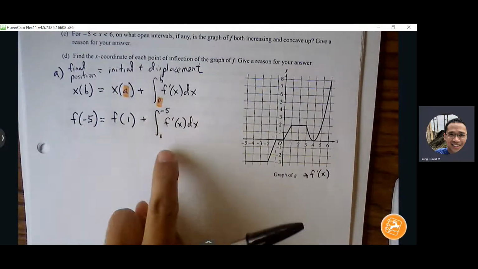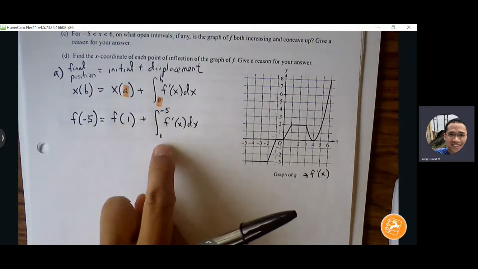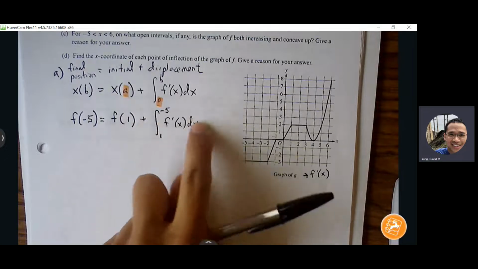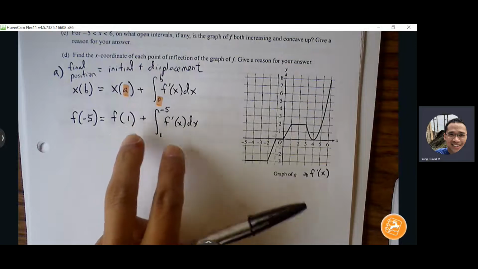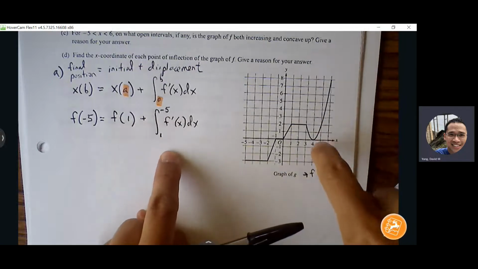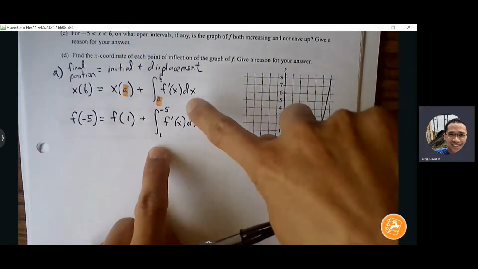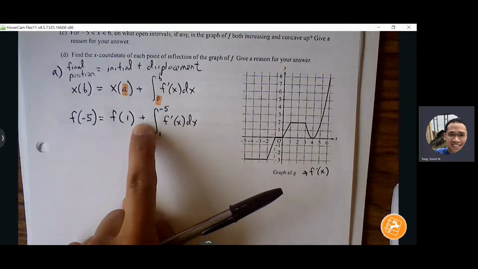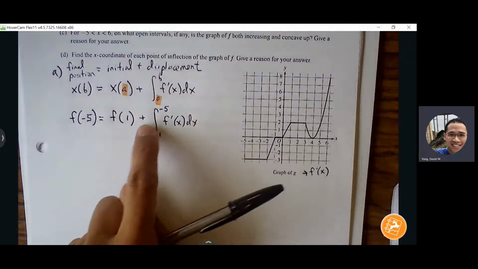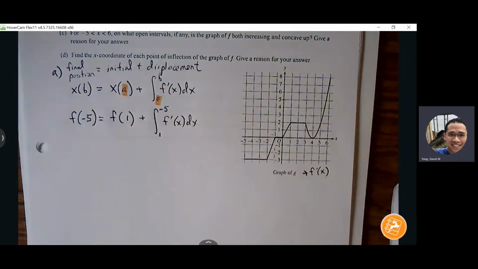You want to make sure that these values are the same, because I'm starting at 1 and ending at negative 5. I want to establish that relationship first. Now, if I want to read the graph, total the area, and have my bounds in order, I can flip the bounds and change the sign. But you don't want to skip that step. If you skip it, your sign's going to be off, and that's going to throw off your answer. Does that make sense?